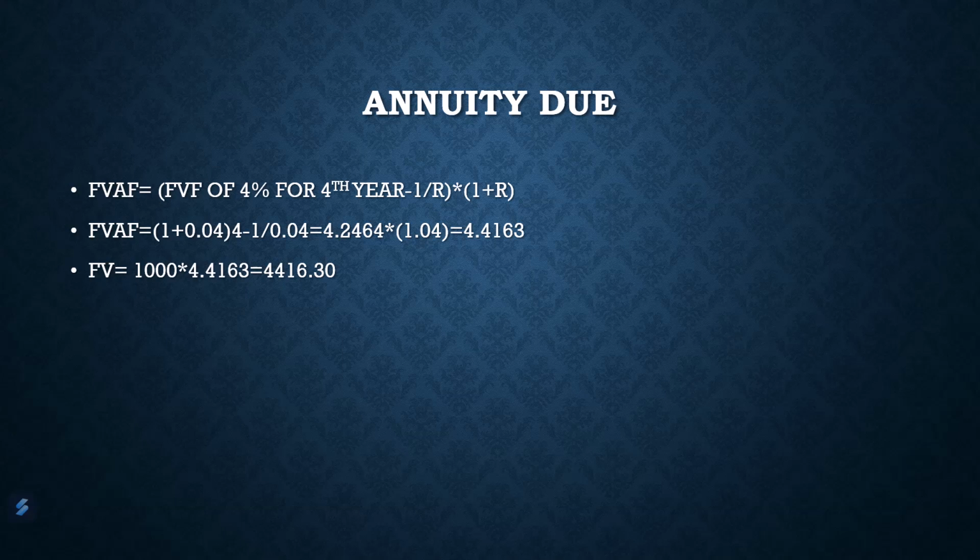So if you want to solve sinking fund questions, then based on your investment approach, whether your first investment is made at the end of the period or at the beginning of the period, you have to calculate FVF using the annuity regular or annuity due concept, and then multiply your installment amount to find the sinking fund value. So I hope you guys understand this.